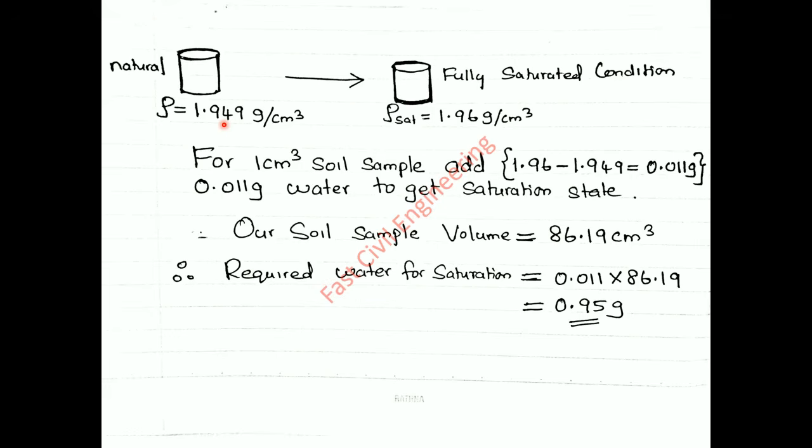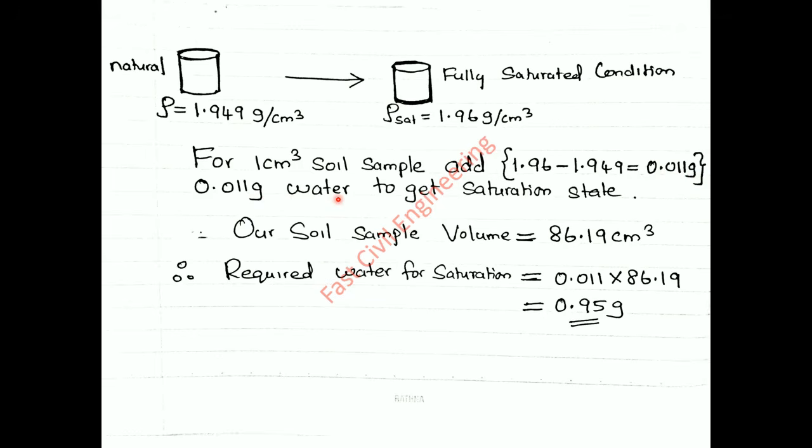Now, how much water is added for this process? Previously the bulk density was 1.949 gram per centimeter cube. After adding water until all voids are filled, rho saturation is 1.96 gram per centimeter cube. For 1 centimeter cube of soil sample, 1.96 minus 1.949 is equal to 0.011 gram.